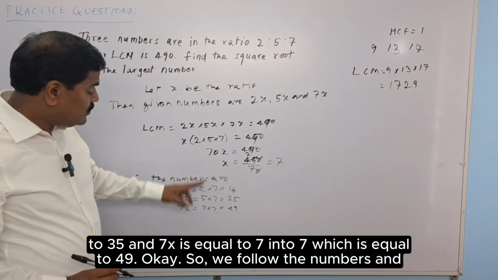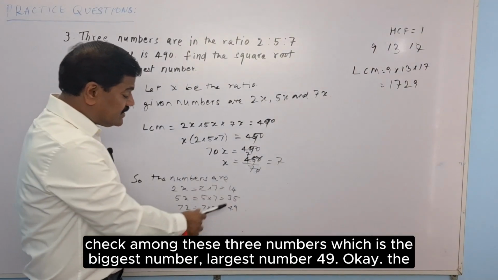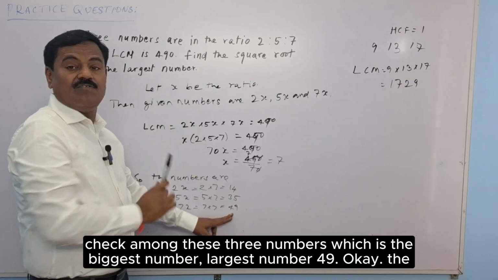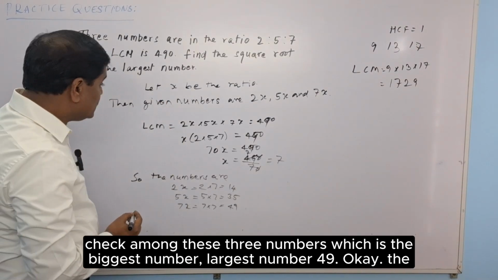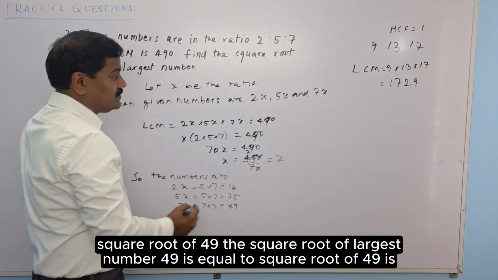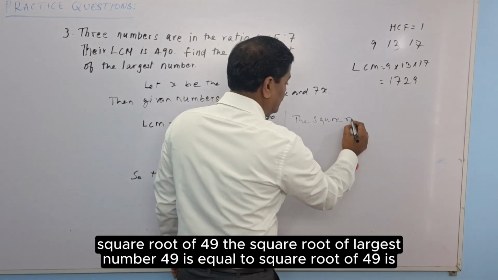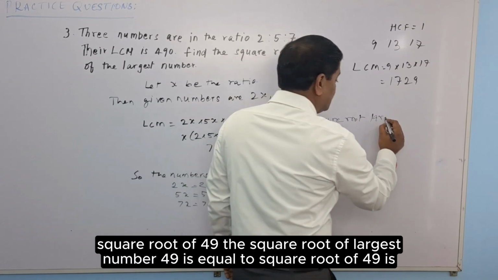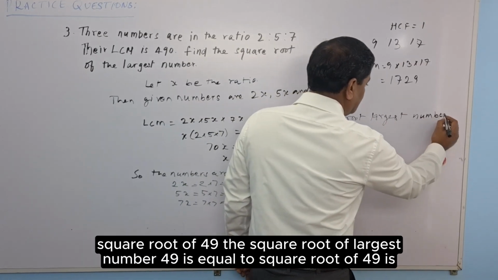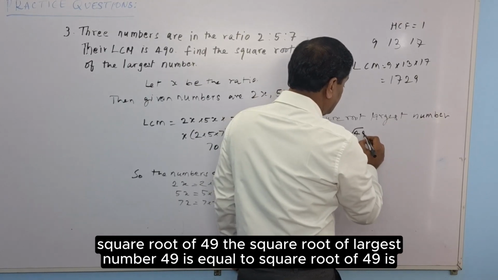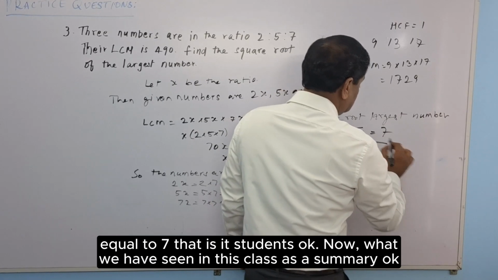Okay, so we found the numbers and check among these three numbers which is the largest number. 49. Okay, so the square root of the largest number 49 is equal to 7.